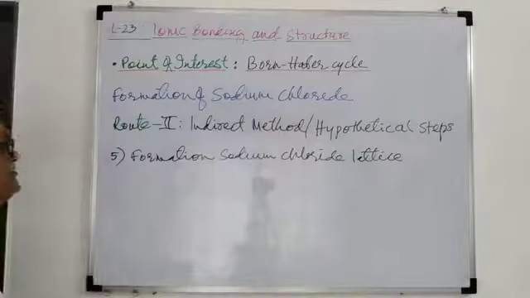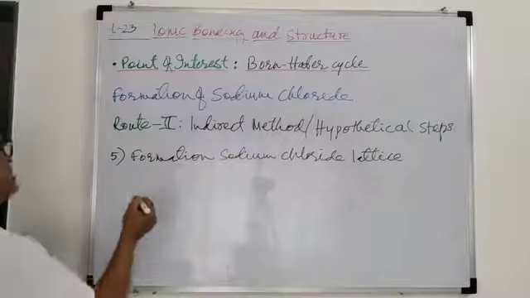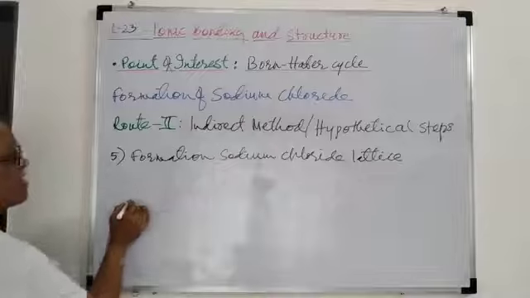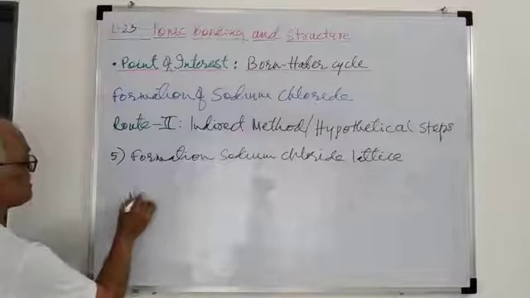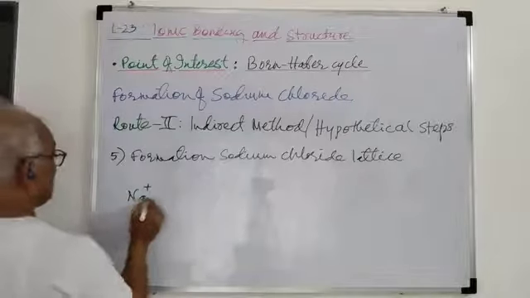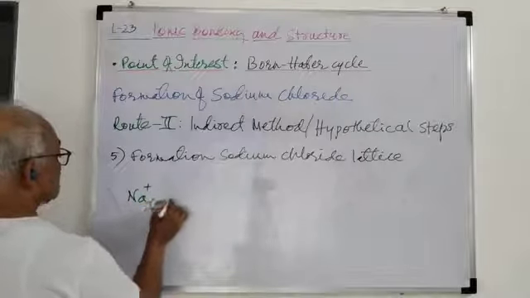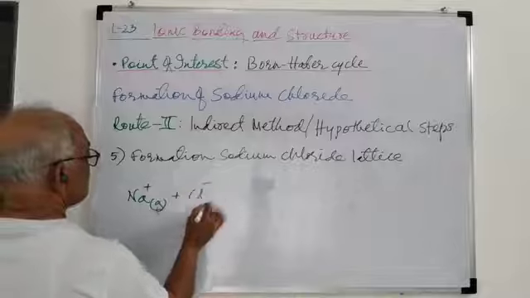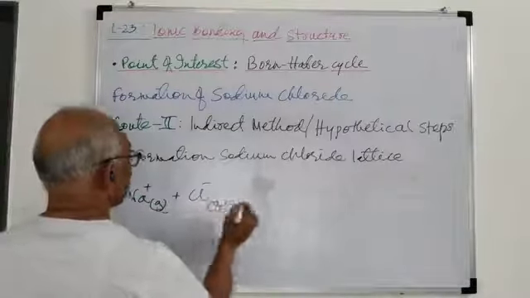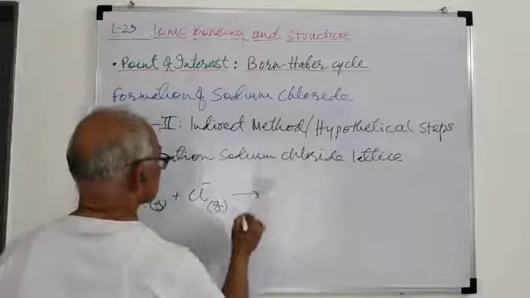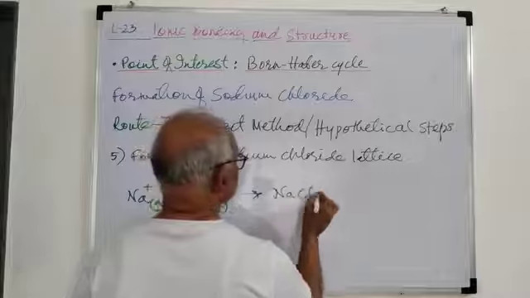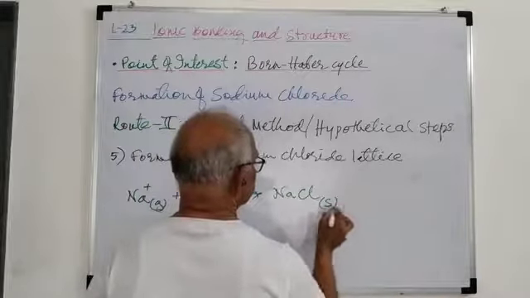Here the formation of sodium chloride takes place by combination of Na plus, which we have seen formed in earlier steps, that is Na plus in gaseous state, plus Cl minus, that is chloride ion, formed also in gaseous state. On combination this gives NaCl in solid state.